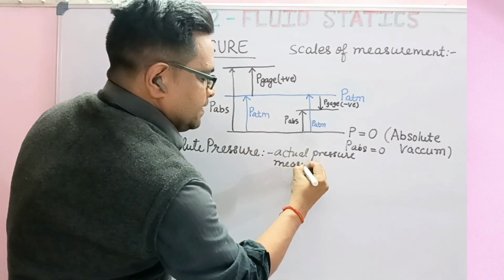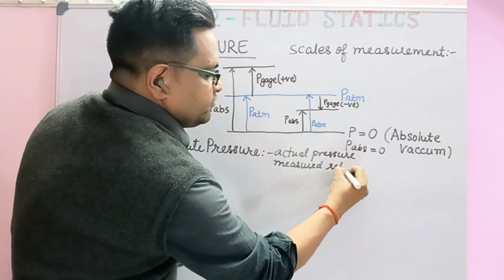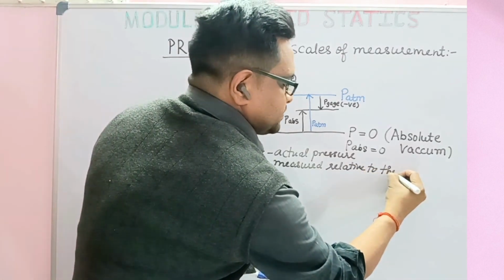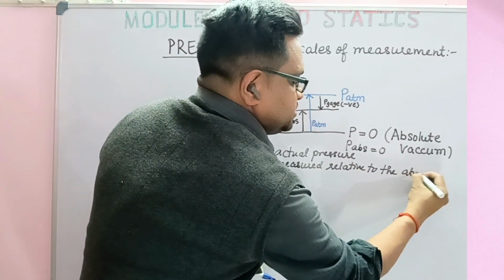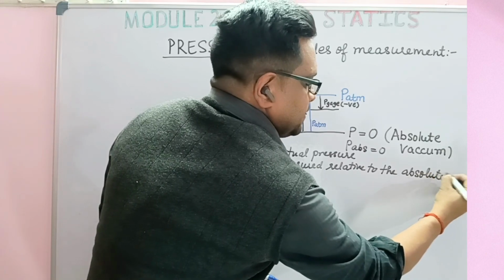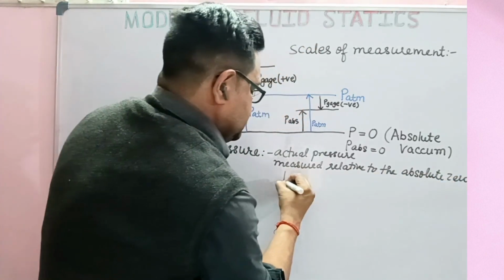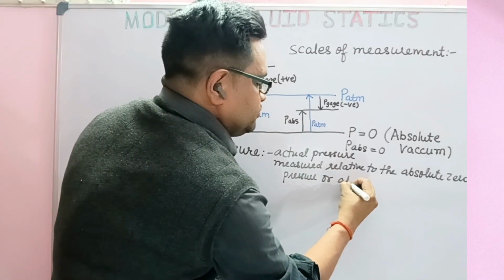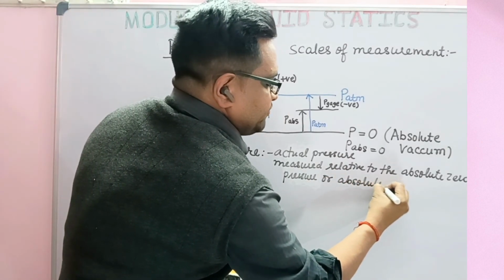So, absolute pressure is the actual pressure measured relative to the absolute zero pressure or absolute vacuum pressure.